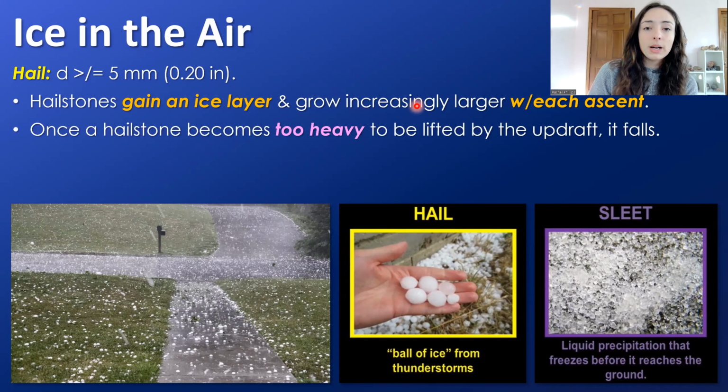And once the hailstone becomes too heavy to be lifted by the updraft again, it falls to the ground, and that's why they're a bit bigger and different in terms of formation mechanism to sleet or ice pellets.